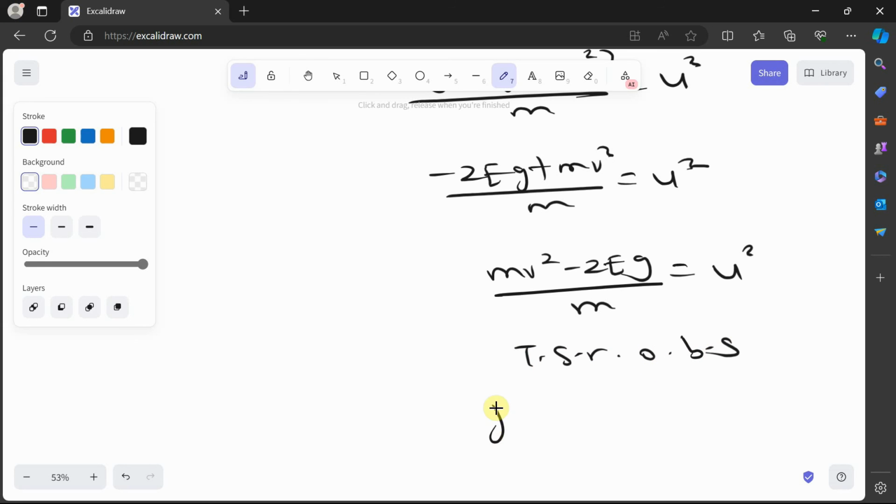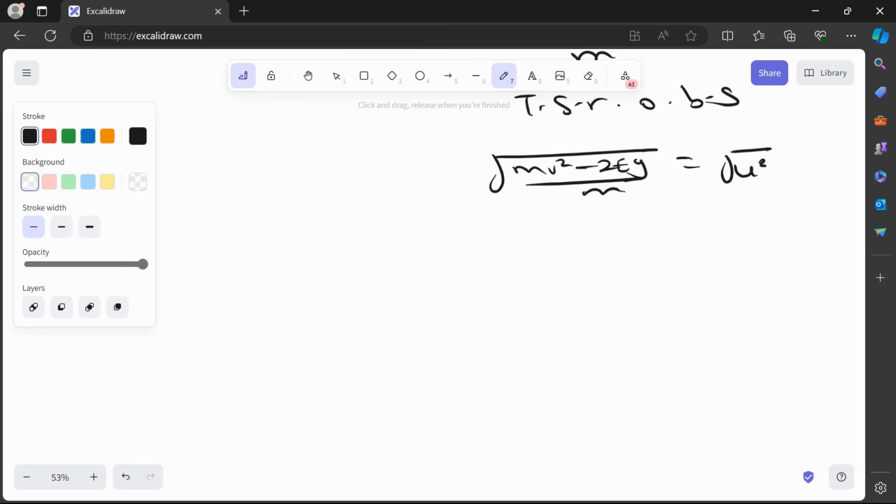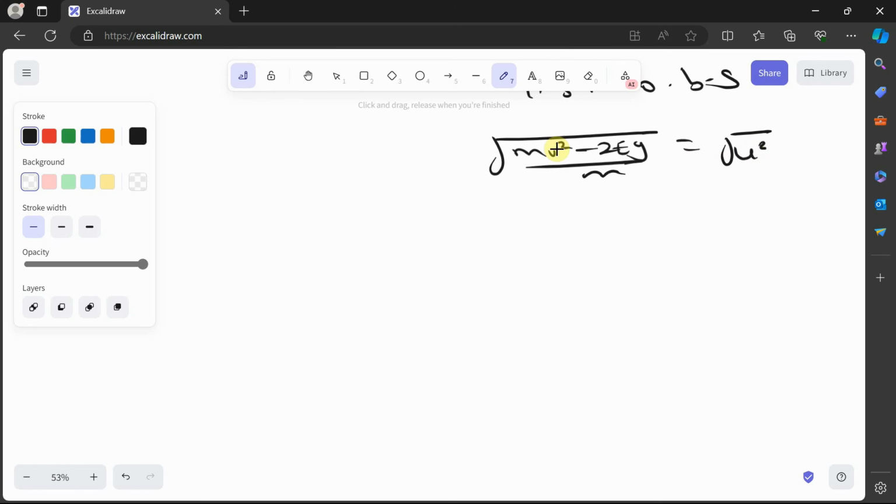That will be square root of MV squared minus 2EG all over M is equal to square root of U squared. And the square root of U squared is U, so I can just swap the positions and say U is equal to square root of MV squared minus 2EG all over M. This should be our answer.